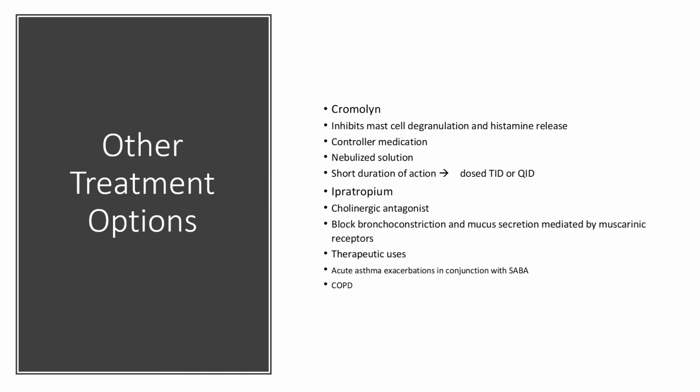Ipratropium blocks bronchoconstriction and mucus secretion mediated by the muscarinic receptors. And again, that video that I posted goes into such wonderful detail on those receptors. We use it in acute asthma exacerbation in conjunction with a short-acting beta agonist, and it's used in COPD as well.